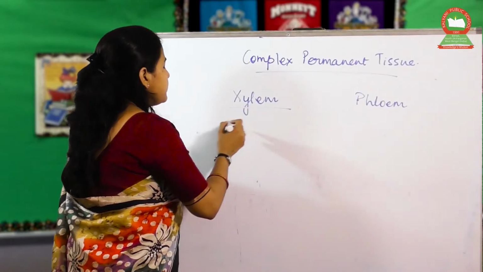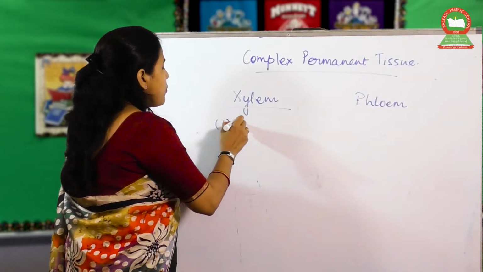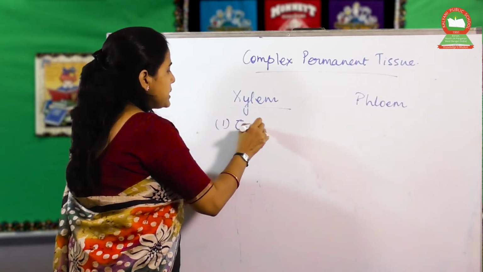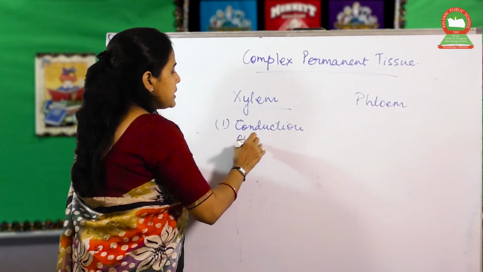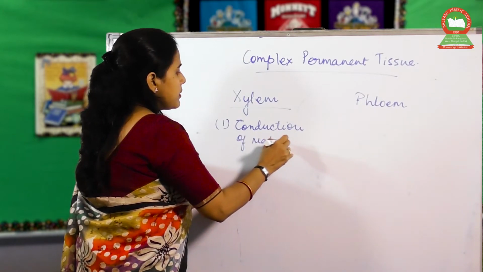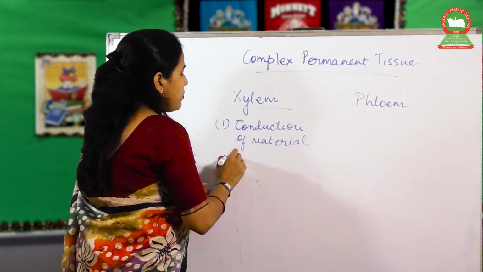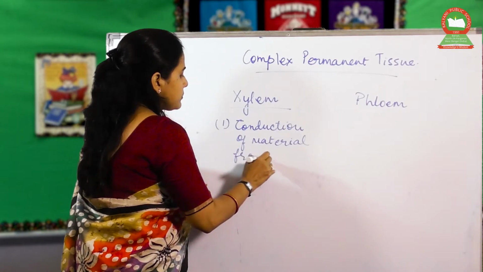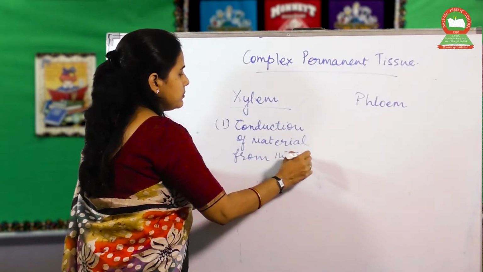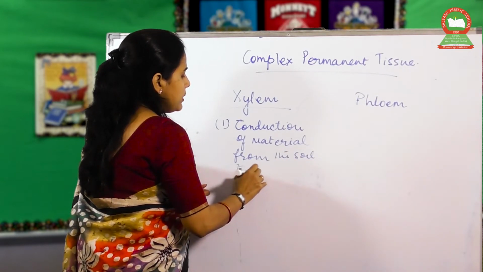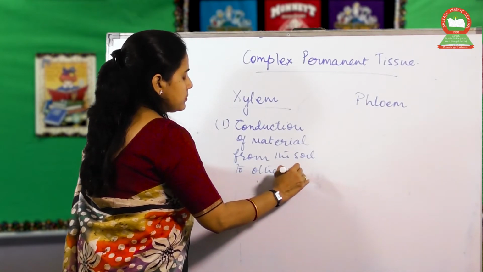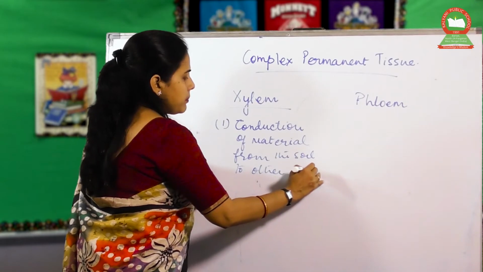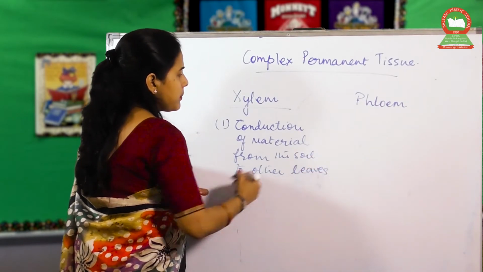So we can say they are responsible for conduction of materials from the soil to other plant parts, to the leaves, you can say, the plant parts where photosynthesis takes place.